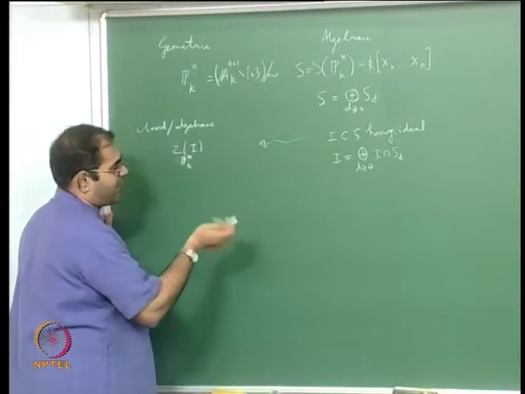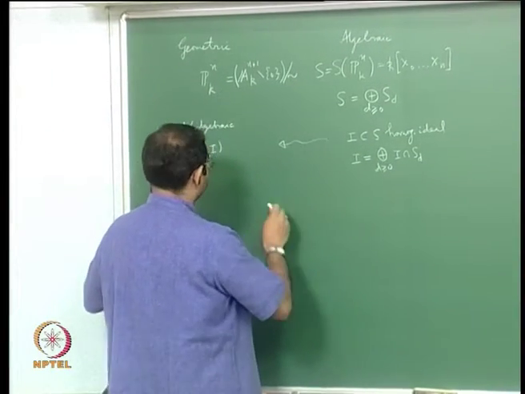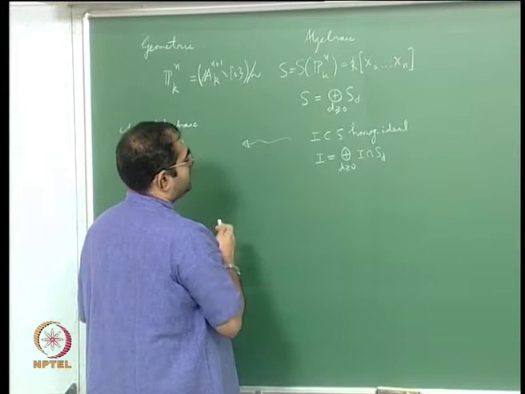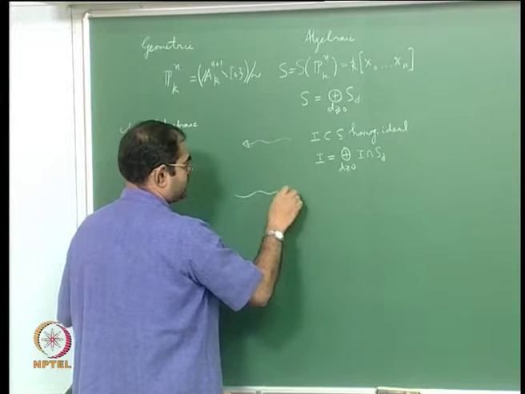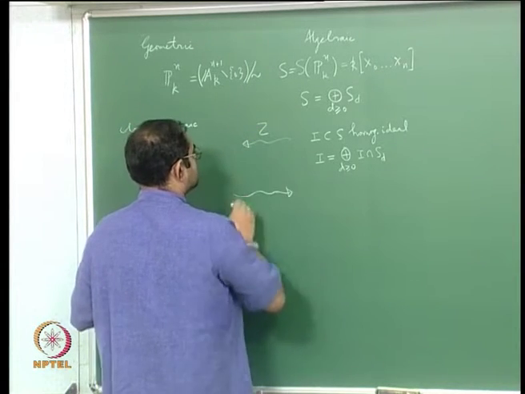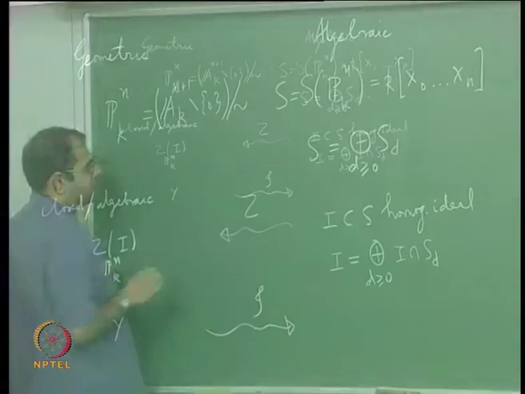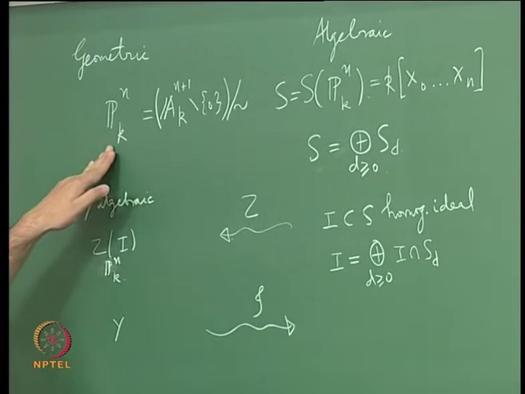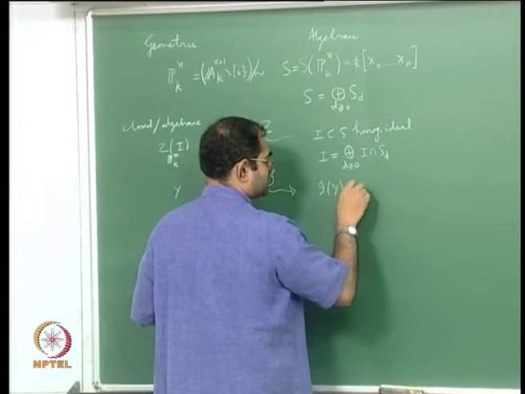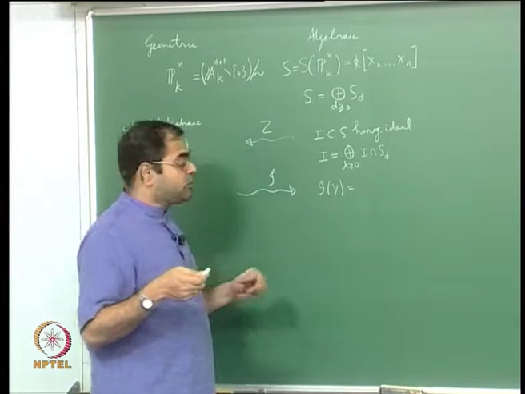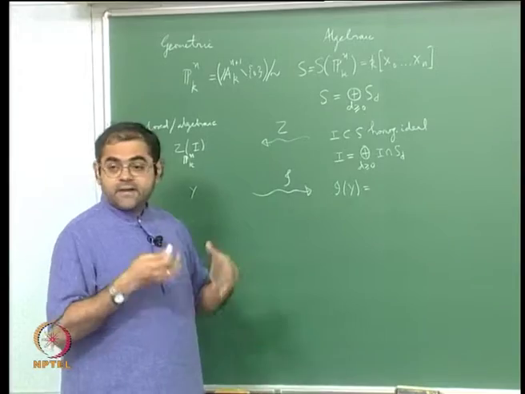So the fact is that as in the affine case you get a very nice picture. You have an arrow going in this direction, and there is also an arrow going in this direction. This is the Z, this is the I, and this is: give me any subset Y of projective space, then I of Y is the set of all those homogeneous polynomials which vanish on Y, and then you take the ideal generated by that.